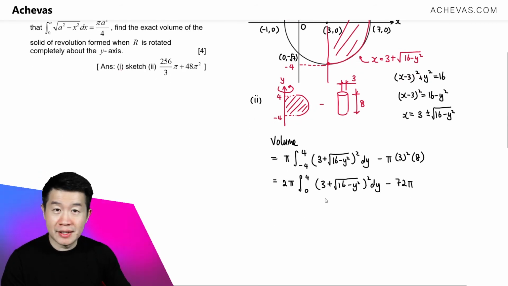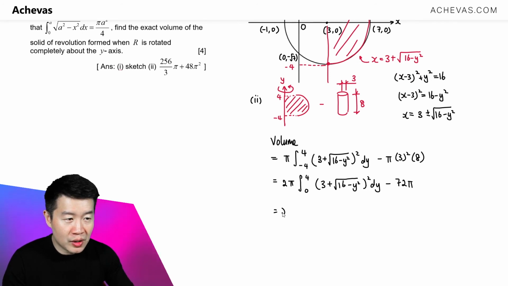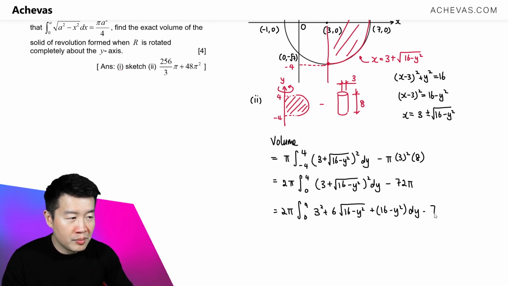To integrate this, I'm going to expand this. So we have 2 pi integrating from 0 to 4 of 3 squared plus 6 times the square root of 16 minus y squared, plus this squared, which is going to be 16 minus y squared, dy, minus 72 pi.